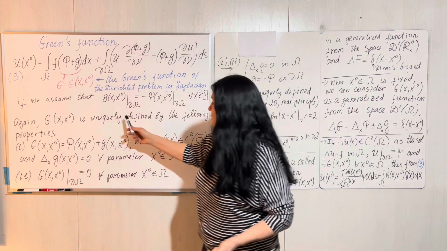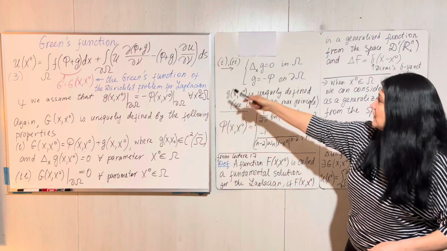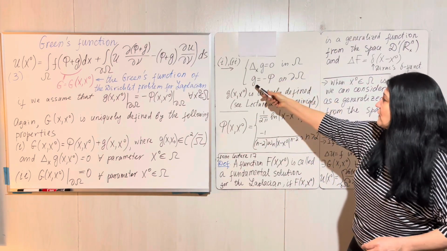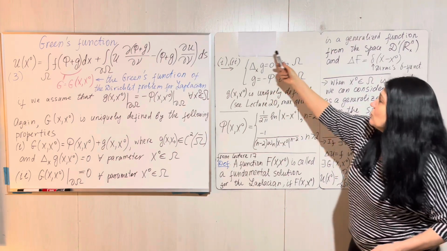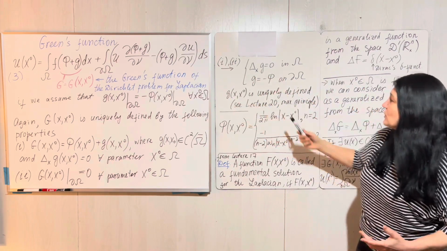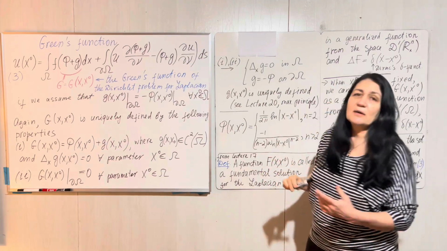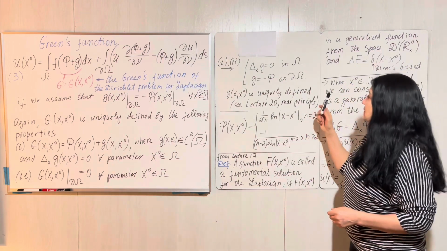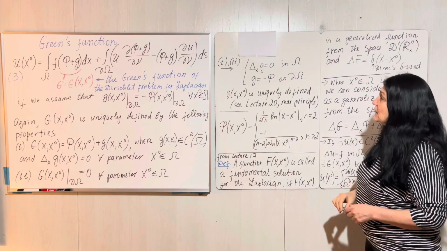Or alternatively, we can rephrase this: function little g is harmonic, and on the boundary it equals negative φ. And then this tells us that this little g is also uniquely defined. In lecture 20, we considered the maximum principle, and we have proven that in such a case functions are uniquely defined.